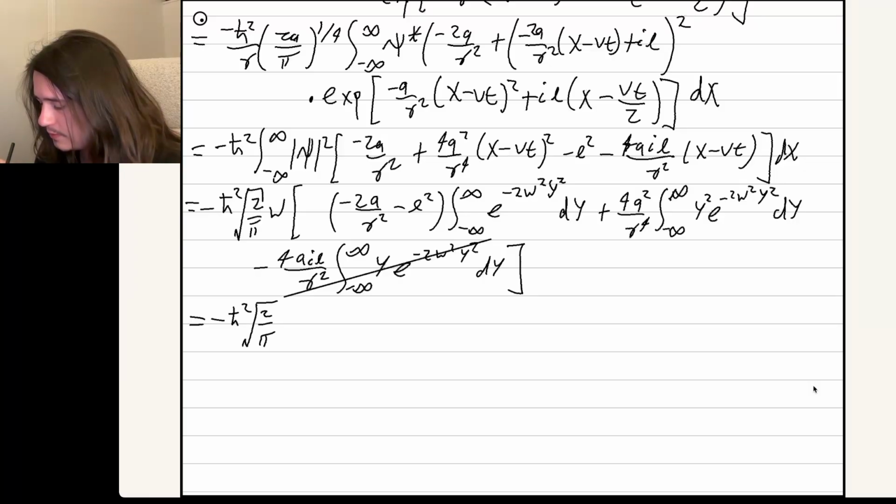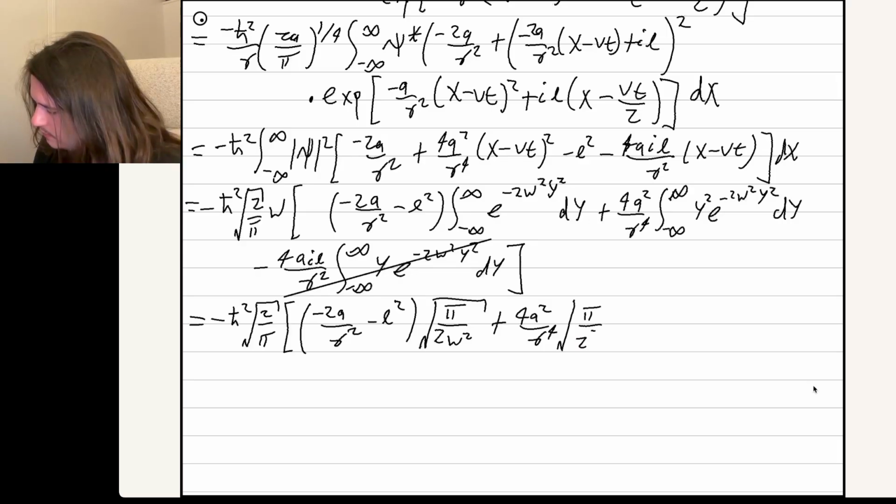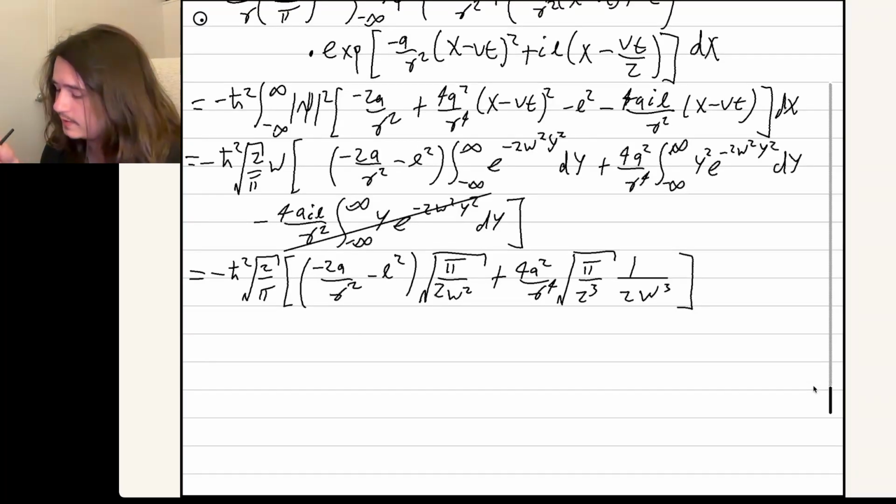And then the rest of the integrals are just Gaussians again. So we have the minus 2a over gamma squared minus L squared. That ends up just being root pi over 2w squared. We got the 4a squared over gamma fourth. That ends up being the really stupid looking term of root pi over 2 cubed times 1 over 2w cubed. Right, and then we'll move the minus sign and we'll move the root 2 over pi into the brackets.